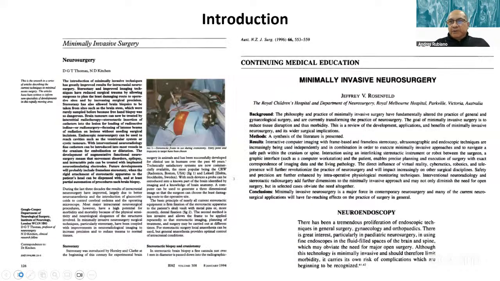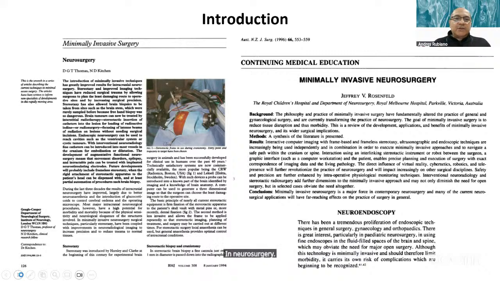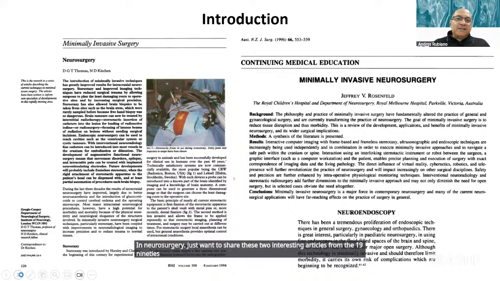So we all know about the importance and the big development that minimal invasive surgery has had in neurosurgery. I just want to share these two interesting articles from the 1990s regarding the first concepts of applying minimal invasive surgery in neurosurgery.